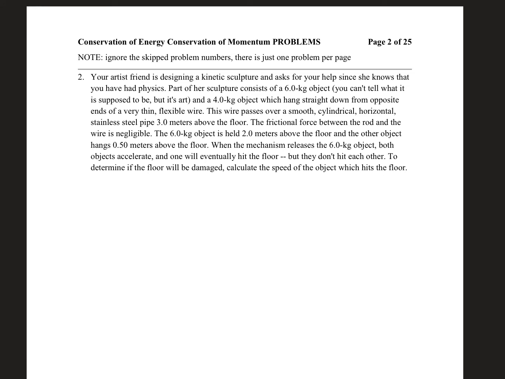So there's a pulley, and there is a, let's see, this one that's going to end up being close to the ground. I ended up calling that mass 2, which means this is mass 1.